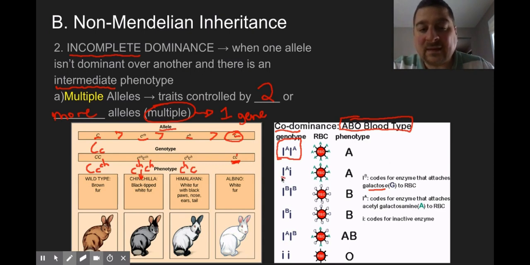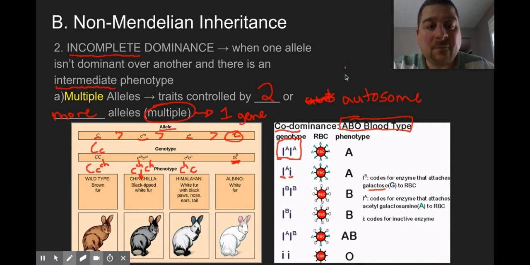Now, this I for the alleles says that the gene is on an autosome. Okay, an autosome is one of the first 22 pairs of chromosomes because the 23rd pair, remember, is XX or XY, the sex chromosomes.